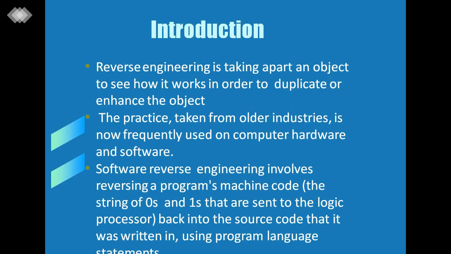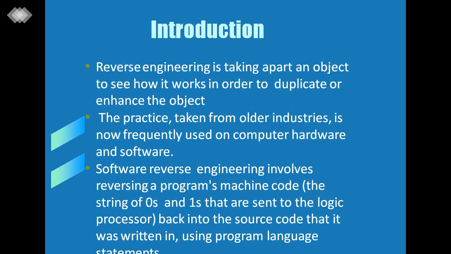Reverse engineering is taking apart an object to see how it works in order to duplicate or enhance the object. The practice, taken from older industries, is now frequently used on computer hardware and software.